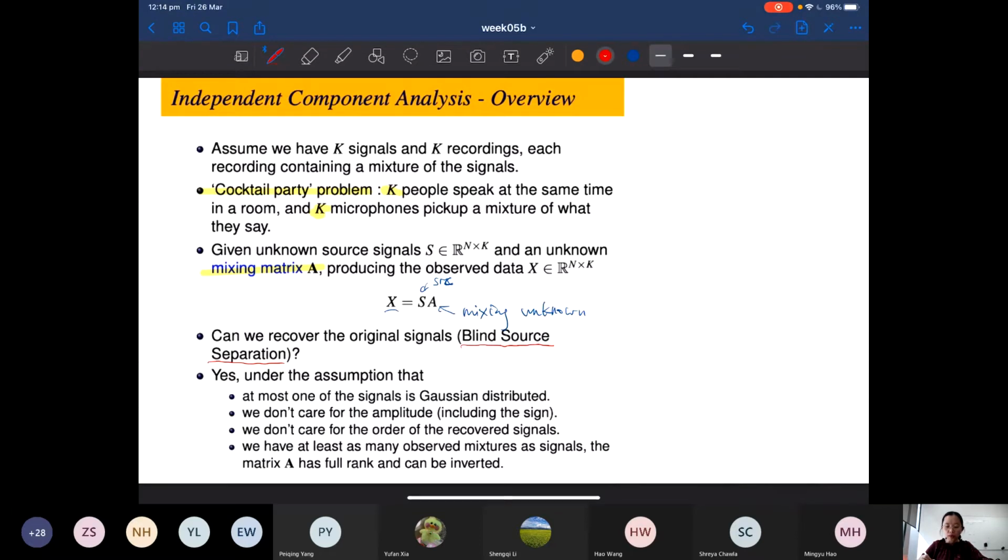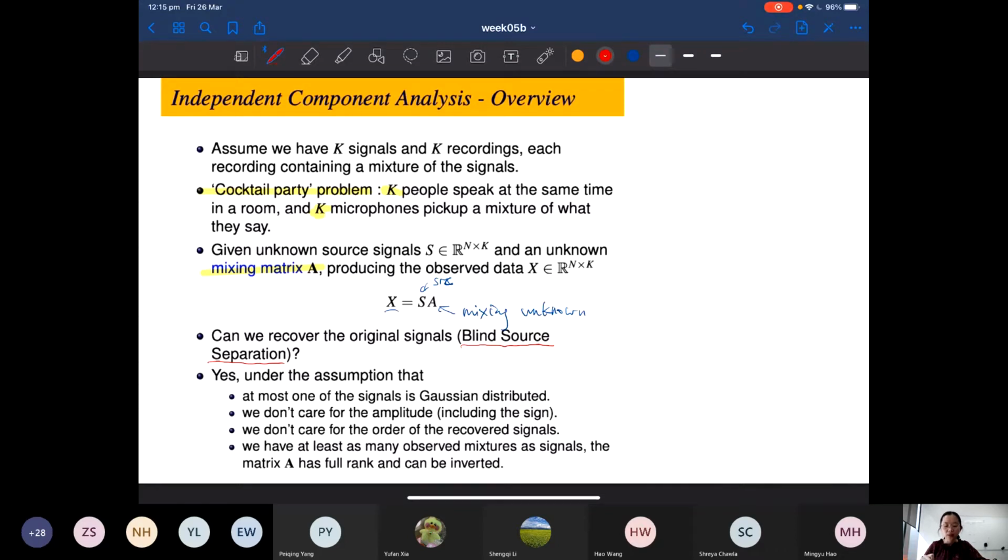What we can do is put a number of statistical assumptions to help us make this problem sufficiently constrained so that it's solvable. So at most one of the signals is Gaussian, which is usually the noise component.